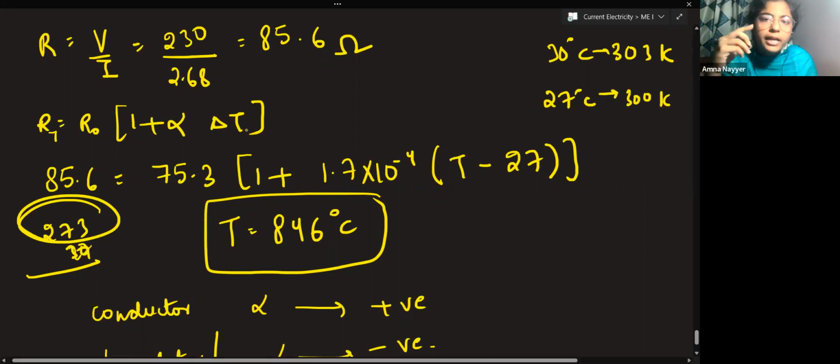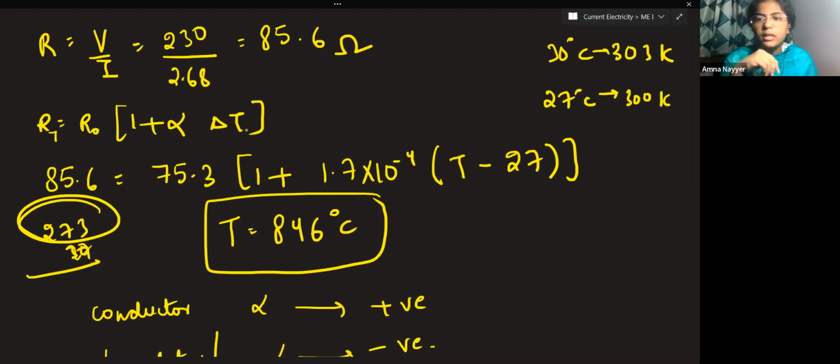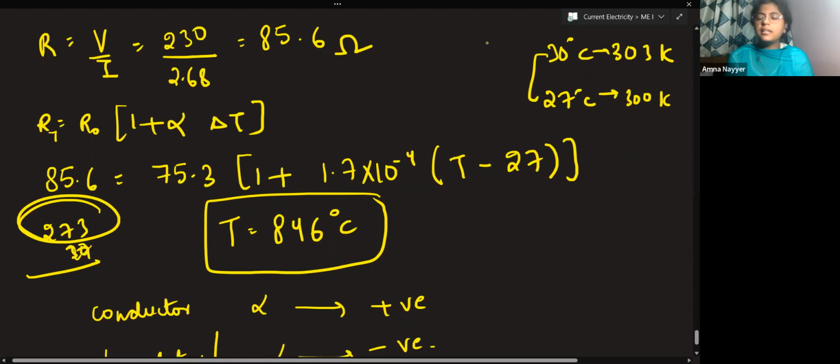Now, when I took the difference between the numbers that you both told me, 30 minus 27 is 3, a gap of 3. And when I take the difference between the conversions I have made, it is also 3.